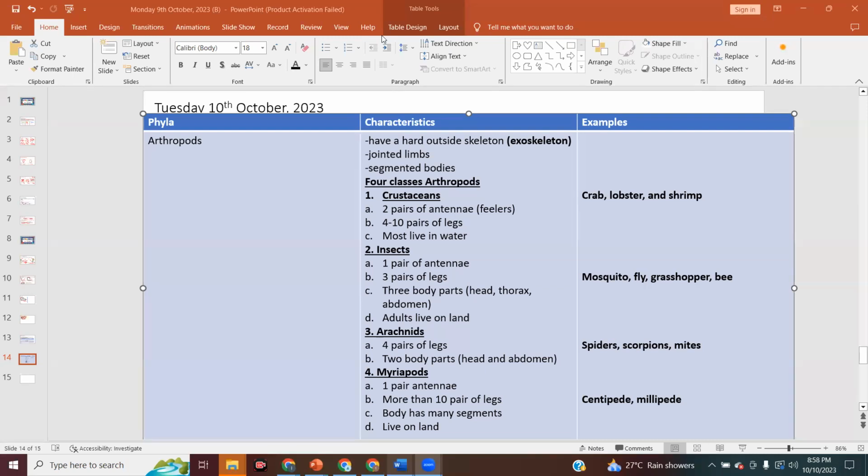Put it inside the chat. Janelle, give me an example of a crustacean. A crab, good. Jalen, give me an example of a myriapod. Centipede. And give me one characteristic of a myriapod.